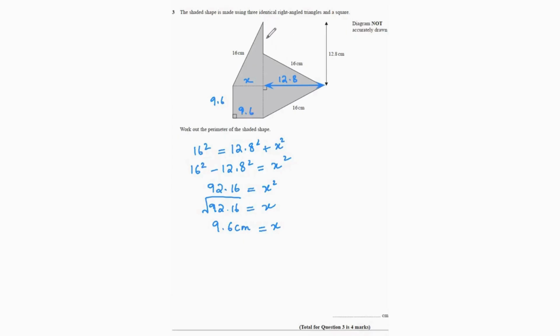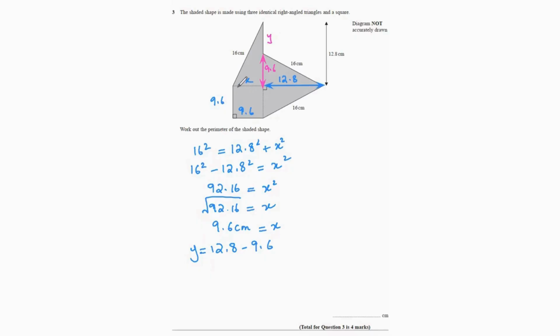Now we need to find this length over here. So to find this length, we know that this is 9.6. So this over here, we call this y, and that is going to be 12.8 minus 9.6.